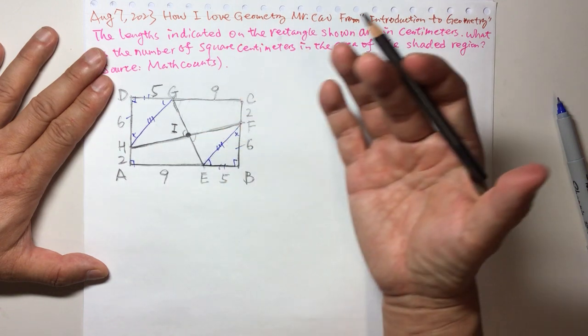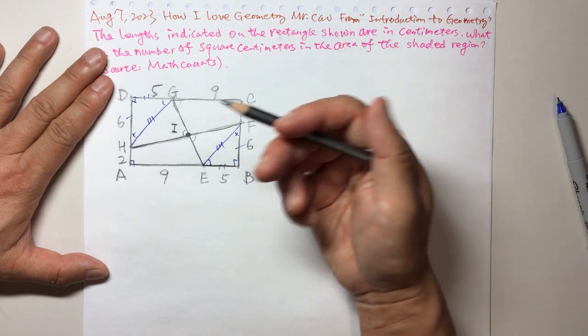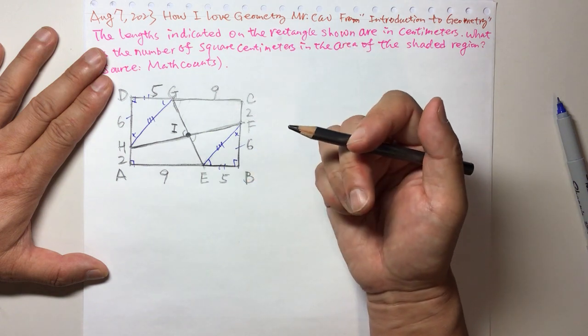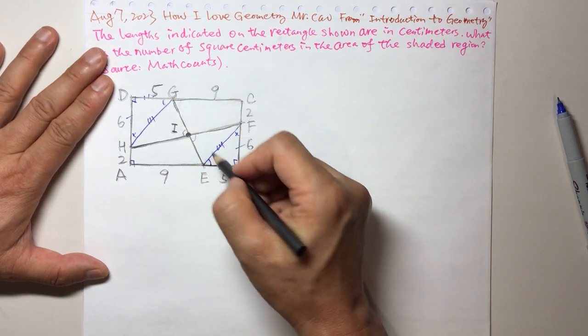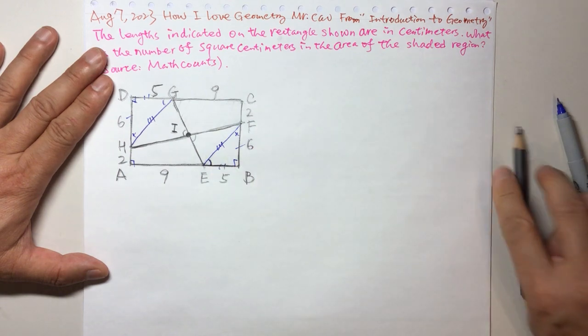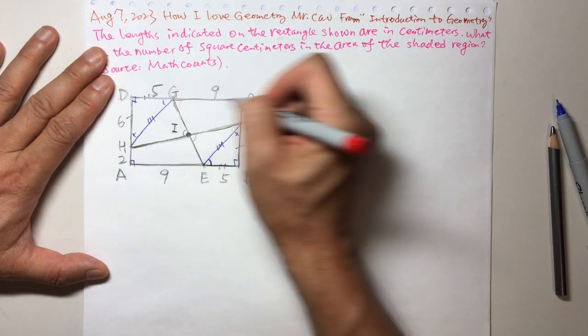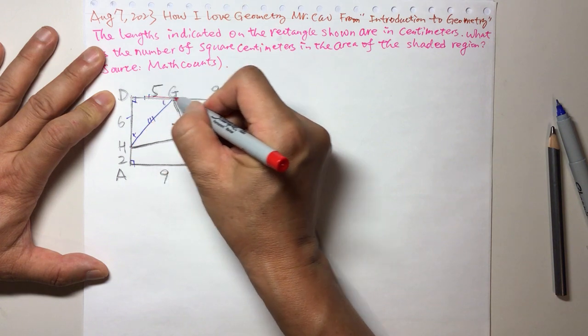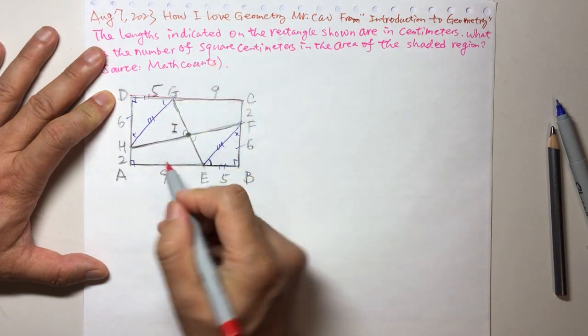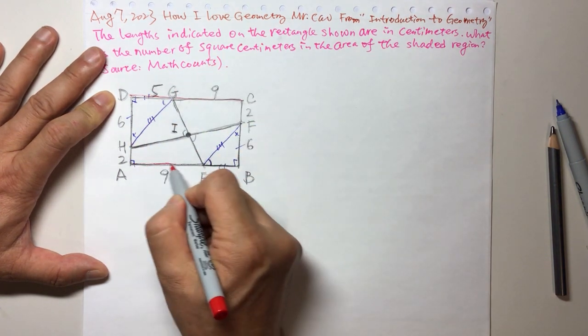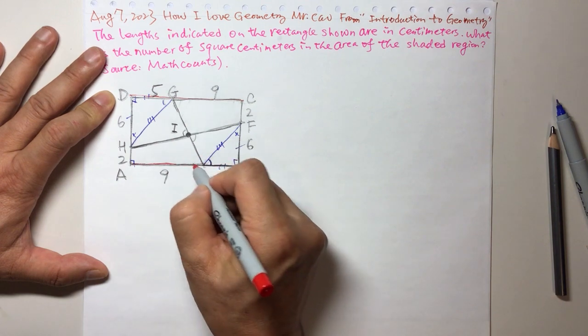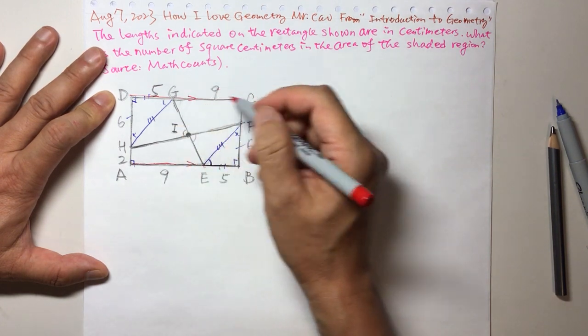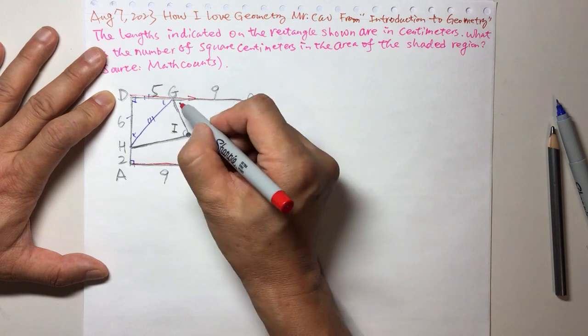So we should try to find the angles, because this angle is congruent to this angle, and we know DC is parallel to AB. DC parallel, it means what?